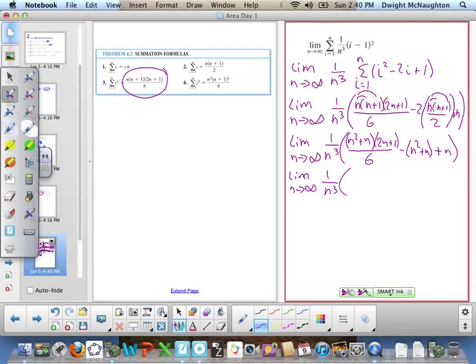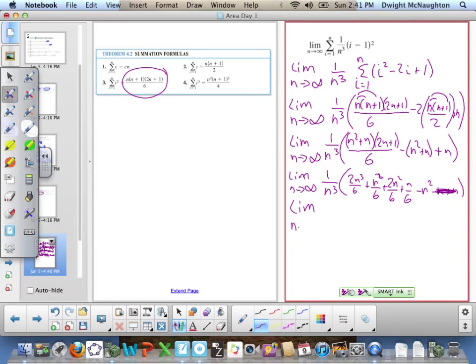We'll FOIL the top. We got 2n cubed over 6 plus, first outside, n squared over 6 inside minus 2n squared plus 2n squared over 6. Last plus n over 6 minus n squared minus n plus n. All right, these will cancel because they're exact opposites. Let's go through, distribute our 1 over n cubed, and simplify as we do it.